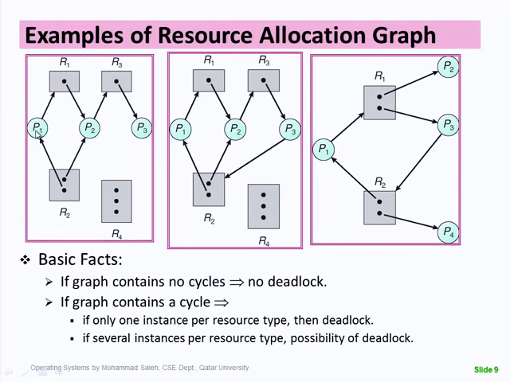Okay? Now, in situations where the RAG has resources of multiple instances, at least one of them, then if you find a cycle in the RAG, we can say there is a possibility of a deadlock.